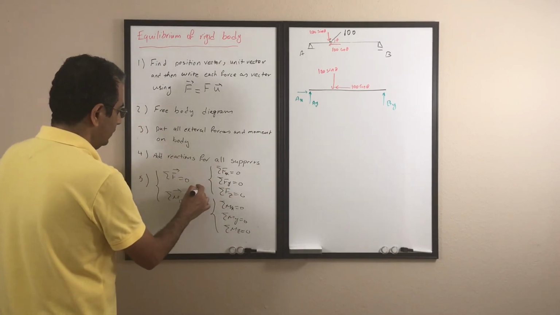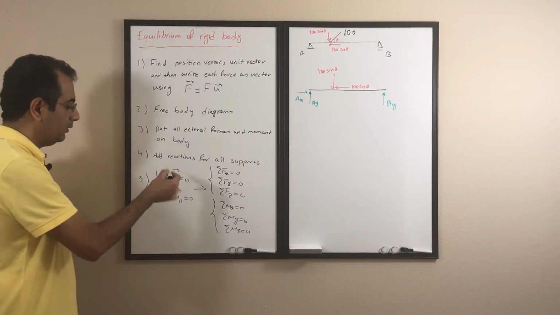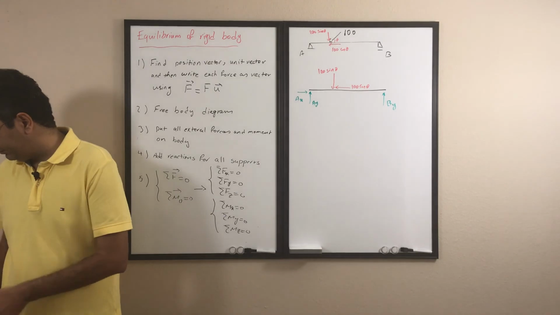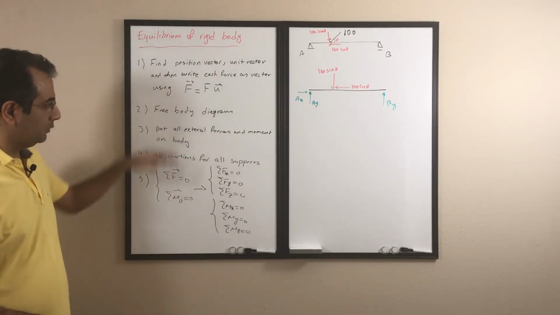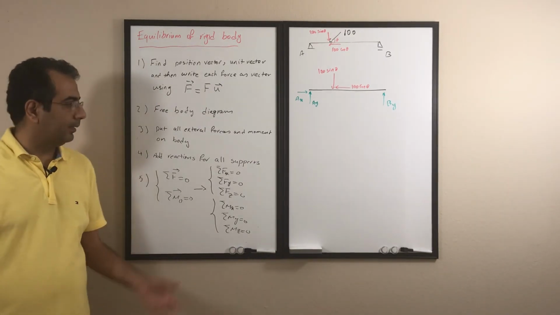So these two eventually lead to these two sets of equations, and by solving them, in 3D rigid body problems, you can go through these steps and solve the problem.